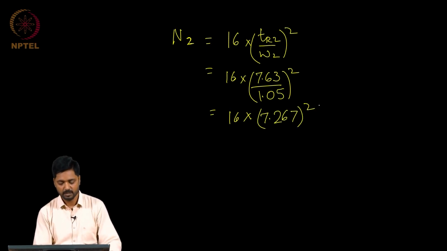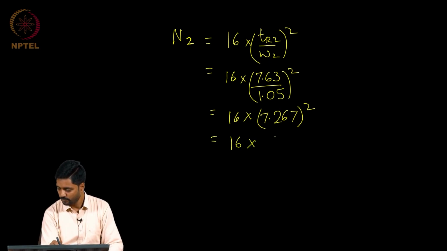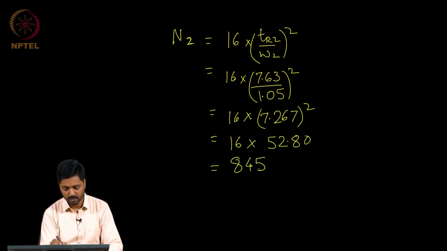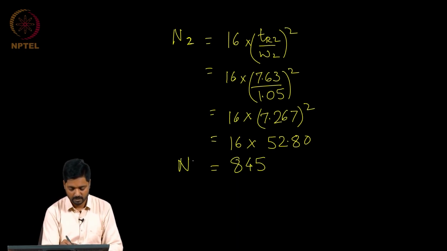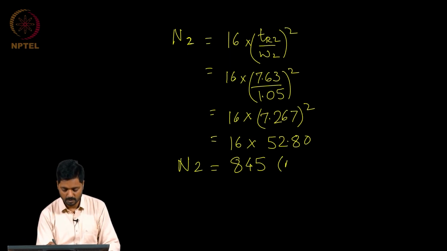When we solve this further, it comes out to be 16 times 52.80 rounded off, and this can now be solved to about 845, which is the number of plates for analyte 2.